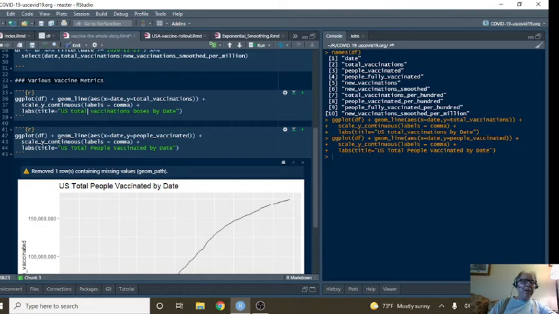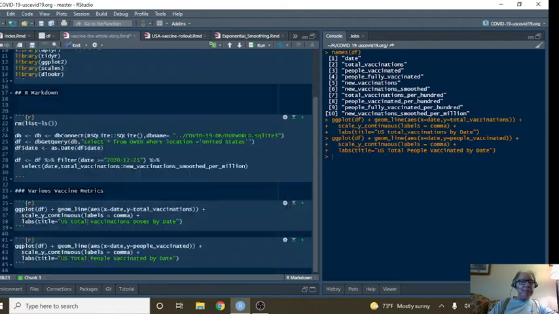U.S. total vaccine doses by date. U.S. total people vaccinated by date. Right. So this is cumulative total. Okay. Let's come back down here then.